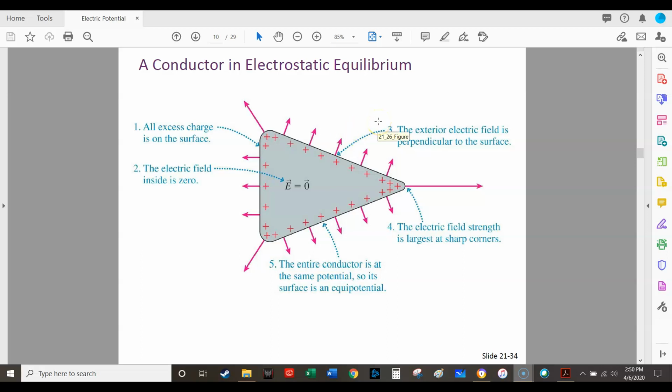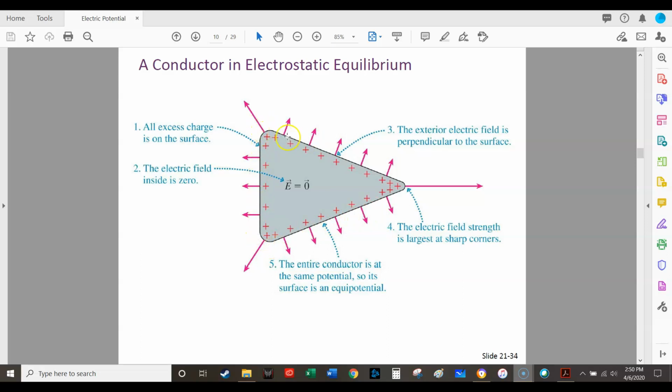So what is the relationship of the electric field to voltage beyond just the quantification? Here we have a metal object, a conductor, and it's got a bunch of positives built up along its surface. What we had learned in the electric fields chapter is that the electric field is perpendicular to the surface of the object at any point.